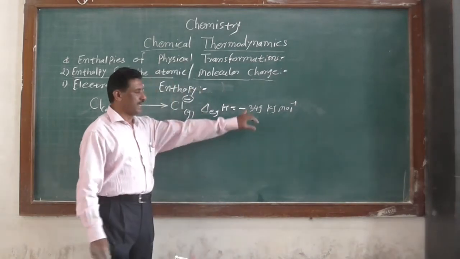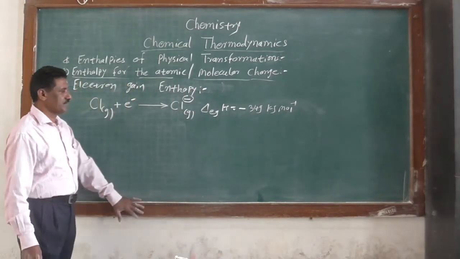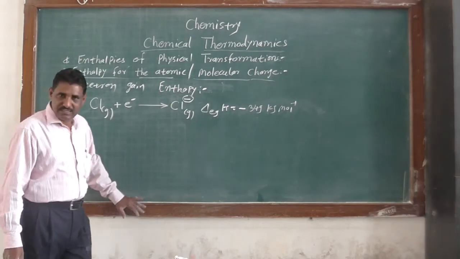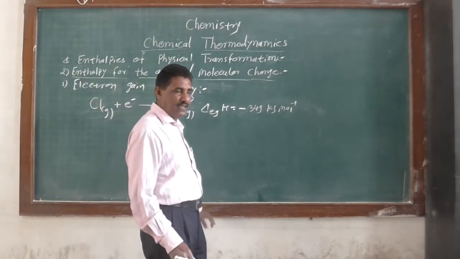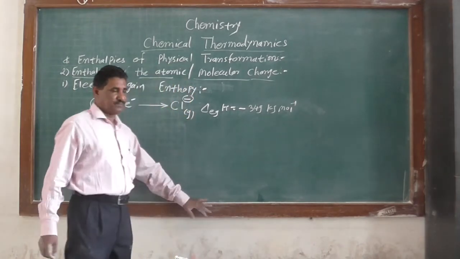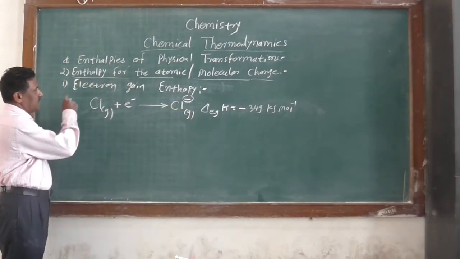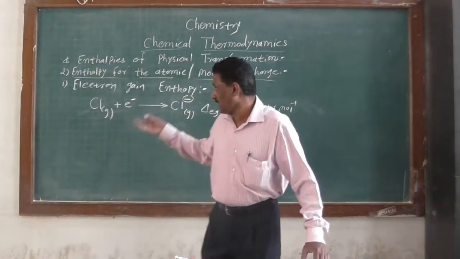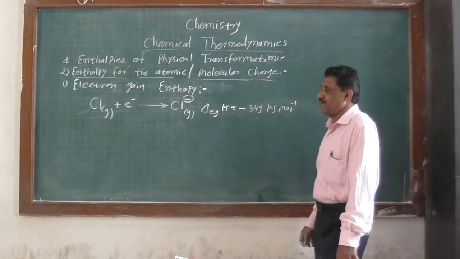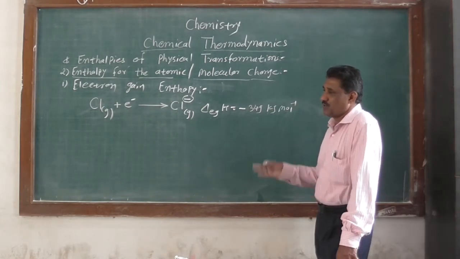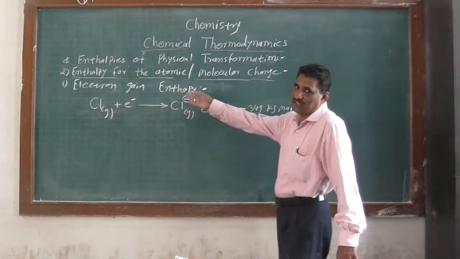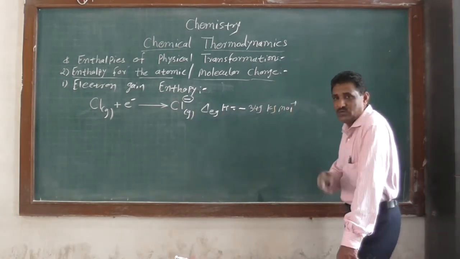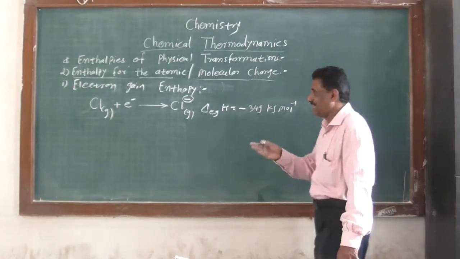Here this is the negative side, means energy is released, and this reaction is exothermic reaction. Before that we see the enthalpy of ionization, means formation of cations, and this is the formation of anions. Cations and anions both are the ions. One is positive ions and another is negative ions.